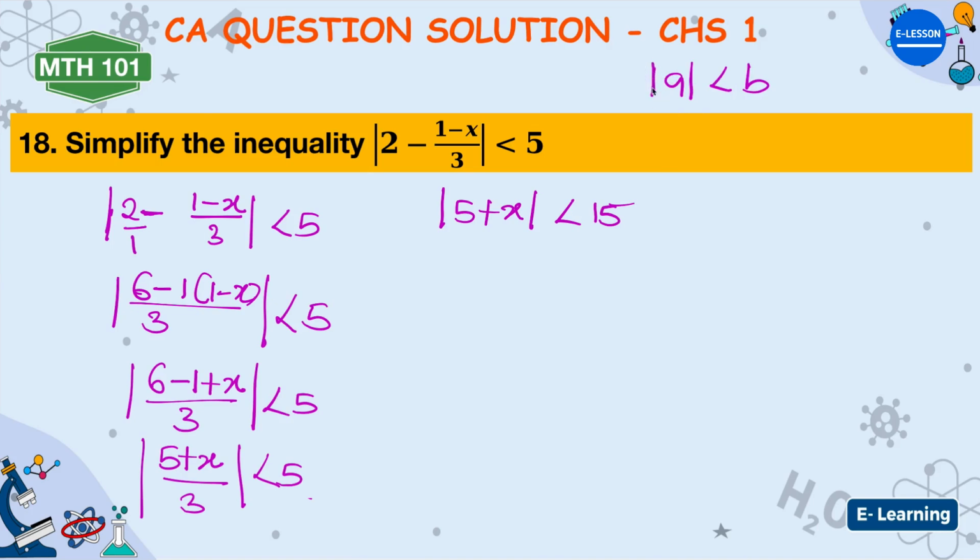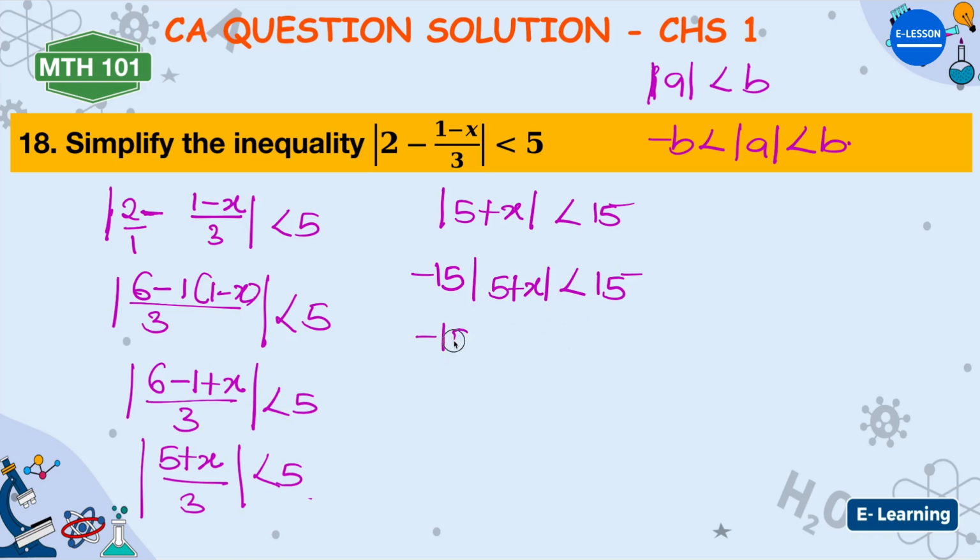Absolute value is a value that can never be negative, whether it is negative. So there's a way of representing something like this. It's usually minus b is less than a less than b. So if you have absolute value of this, it will be minus 15 less than 5 plus x less than 15. So if you want to solve for x, you solve for this side first, then solve for the other side.